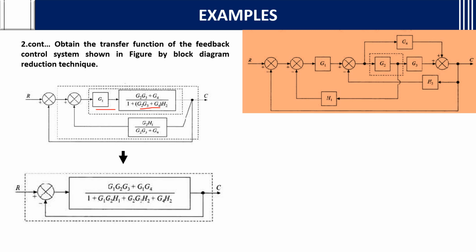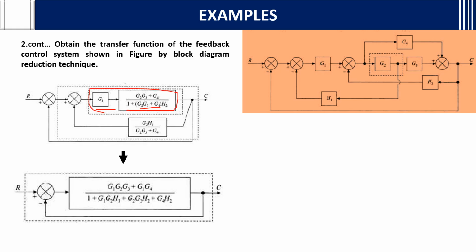If you multiply, you will get G1 G2 G3 plus G1 G4 by 1 plus G1 G2 H1 plus G2 G1 H2 plus G4 H2. How you got this: again, if you see, this is in feedback. After multiplying with this, you can do the transfer function, nothing but G1 G2 G3 plus G1 G4.